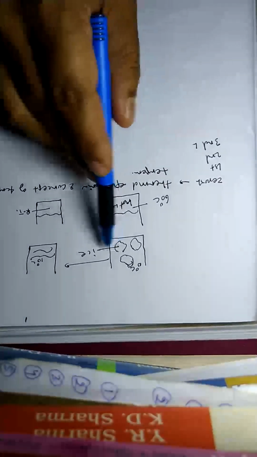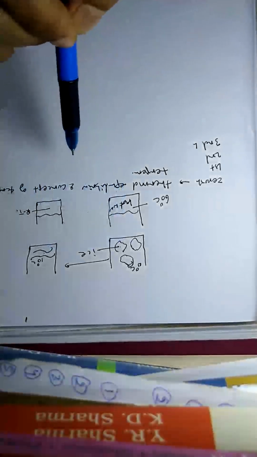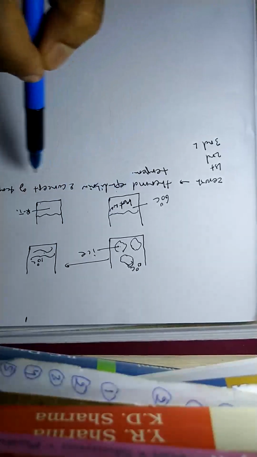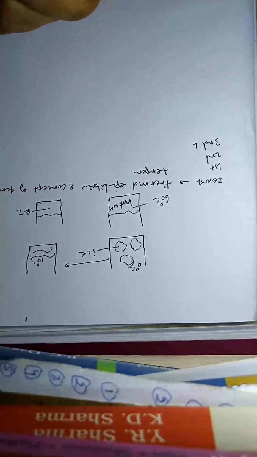That means whatever we taught you just before, ice converted to water, hot water converted to room temperature water, that is called thermal equilibrium. So the zeroth law deals with thermal equilibrium and the temperature concept.